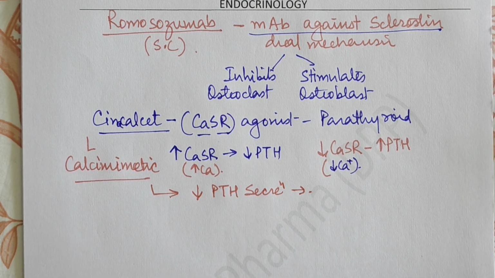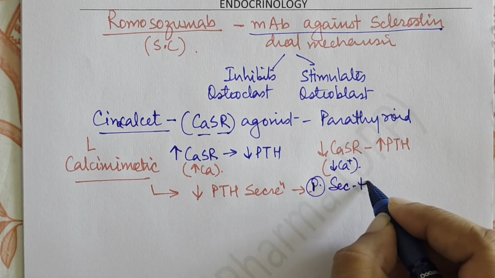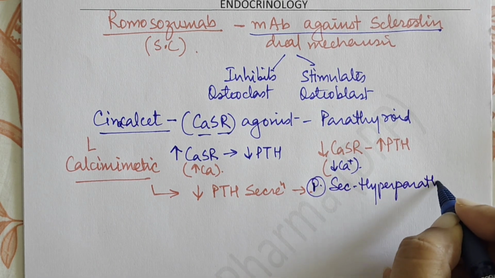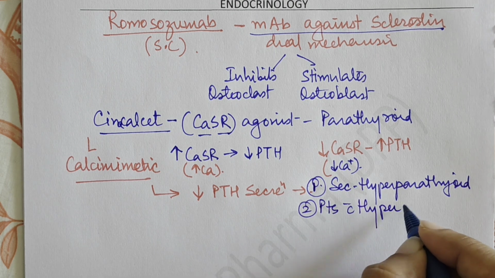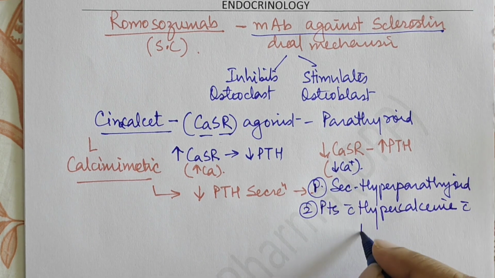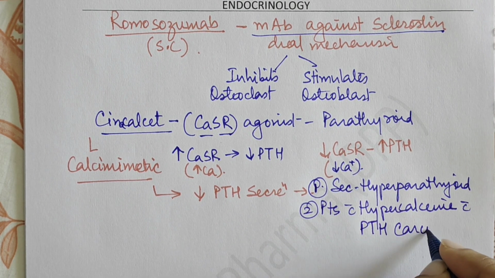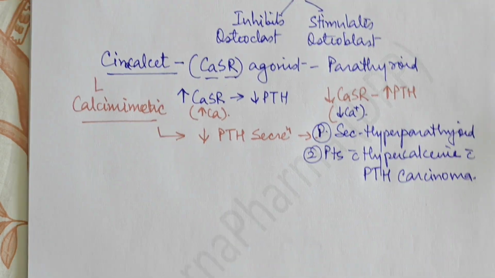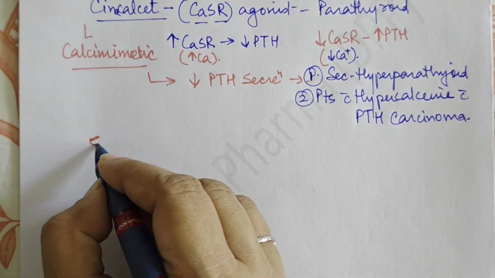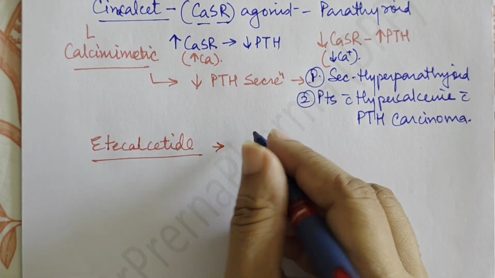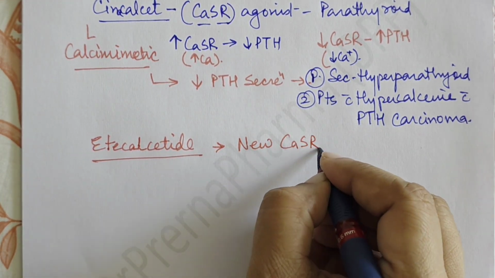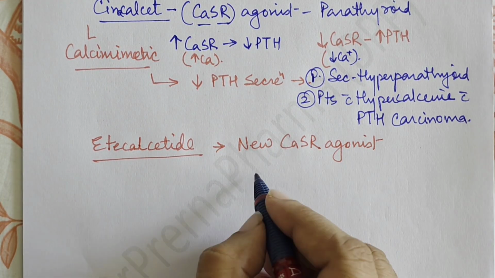Okay, now the first use: it is used in secondary hyperparathyroidism. Second, it is used in patients with hypercalcemia with parathyroid carcinoma. Okay, then like cinacalcet, there is one more drug, etelcalcetide. Now etelcalcetide is a new calcium sensitive receptor agonist, right?